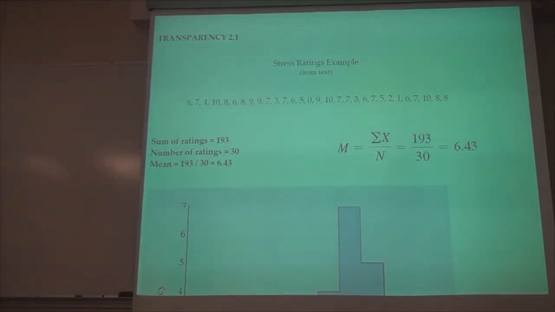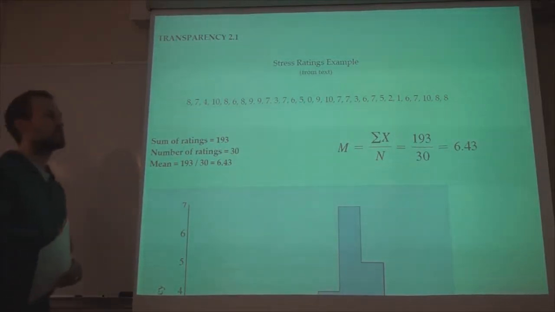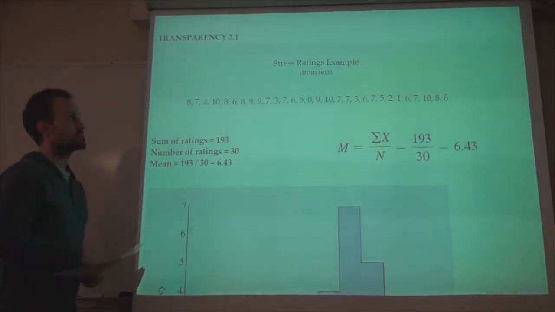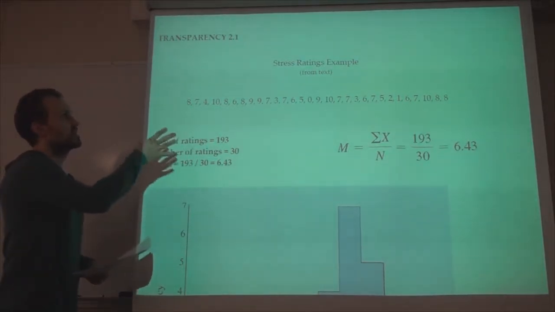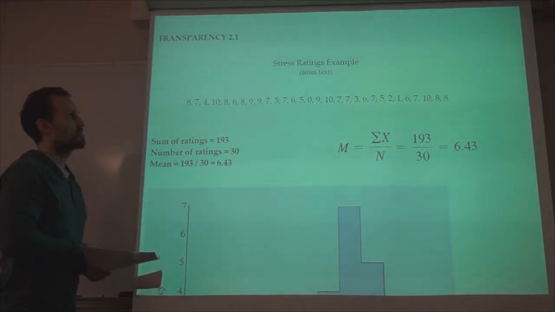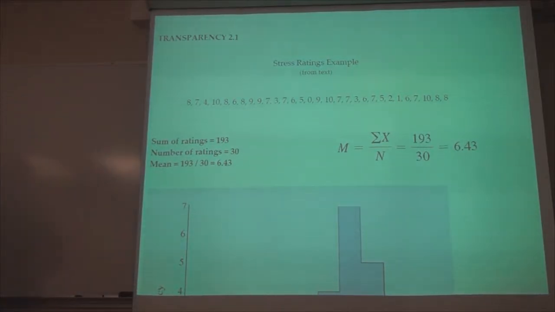So that's the first one, giving me an idea of where the center of the distribution, the frequency distribution, sits. Where's the most common value, by looking at an average?